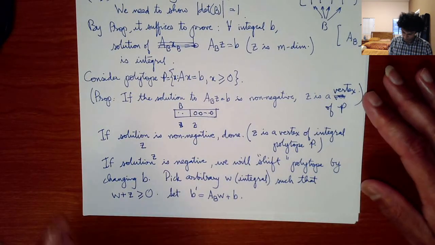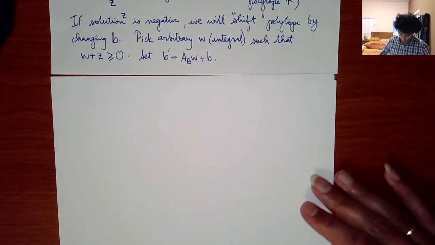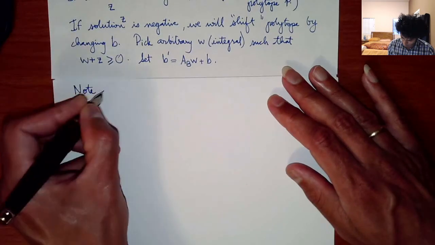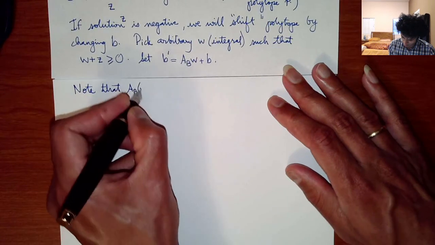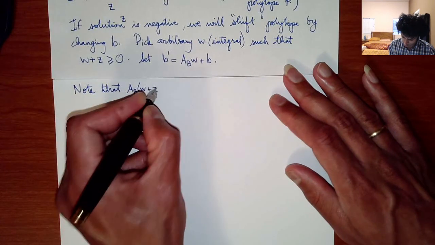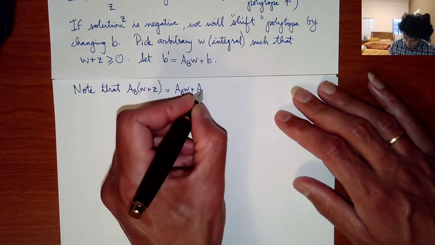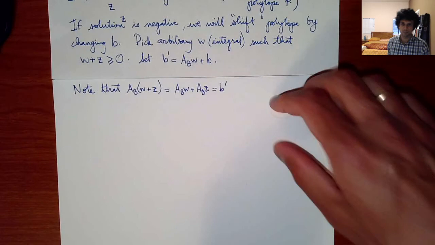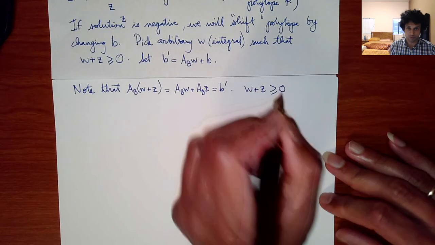Okay. Now note that A_B(w + z) is equal to A_B w + A_B z, which is equal to b'. And w + z is greater than or equal to 0.